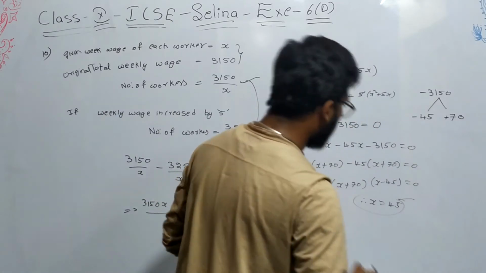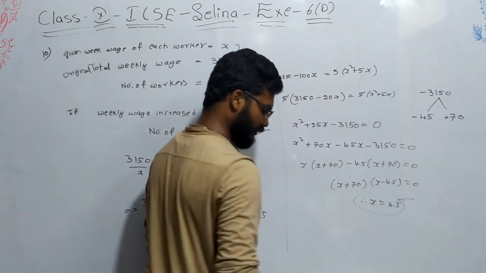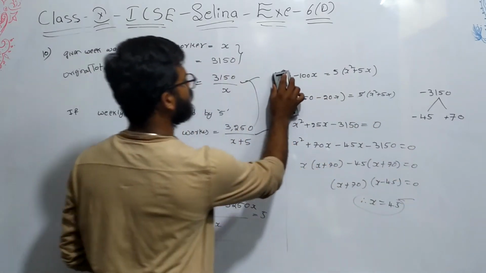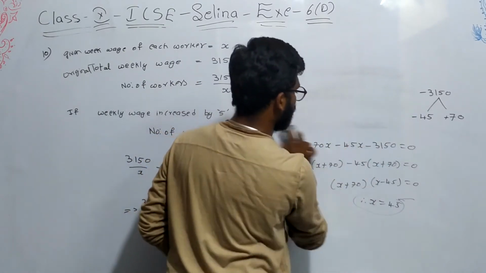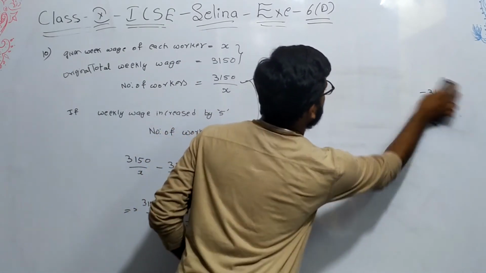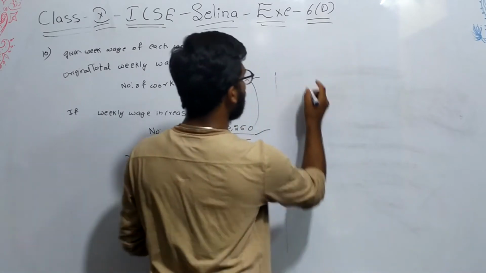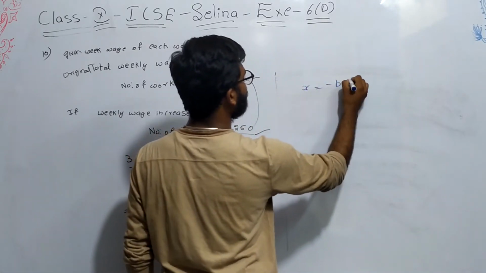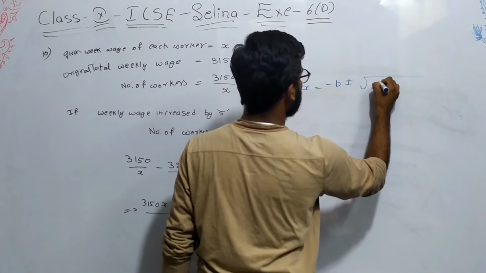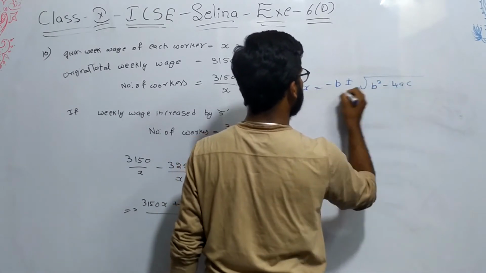Or else, if you want to find it using the formula, how can we find? The formula to find the roots is x equals minus b plus or minus root of b square minus 4ac, by 2a.